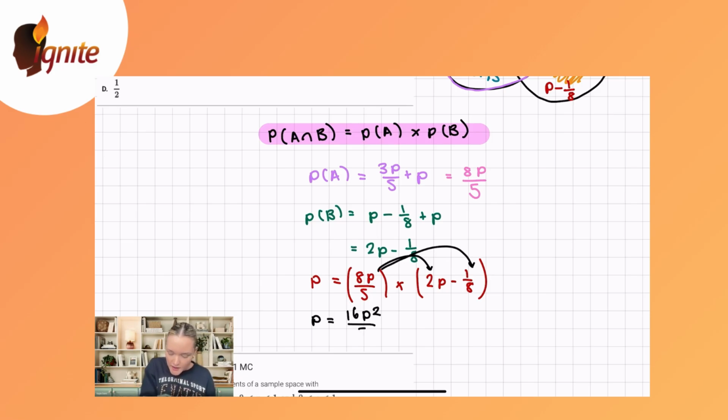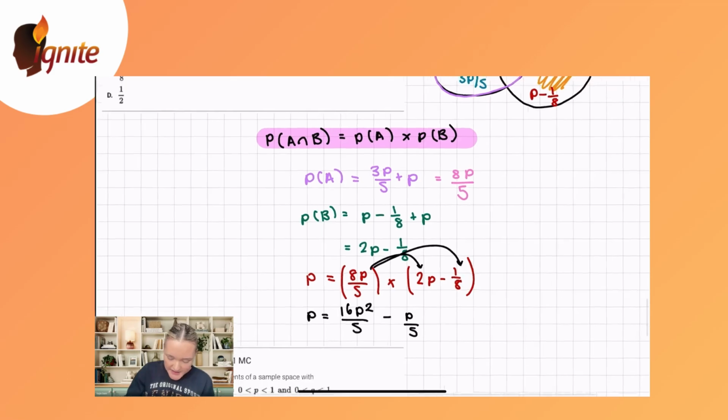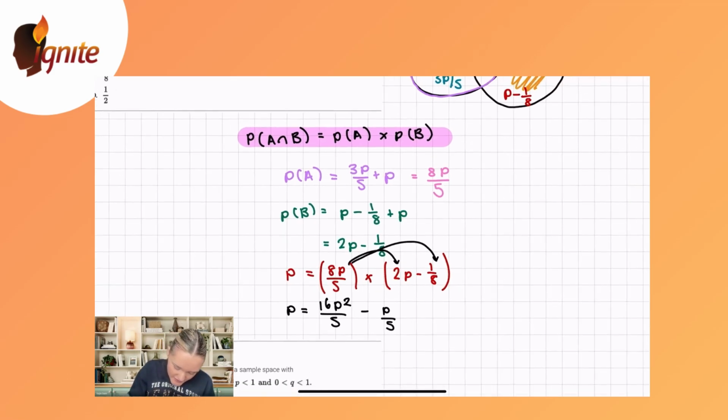Now I've got 8 on 5P times negative 1 on 8, which gives me negative P on 5. Simplifying that across, multiplying both sides by 5 so that I get rid of my denominators, I now get 5P is equal to 16P squared minus P.